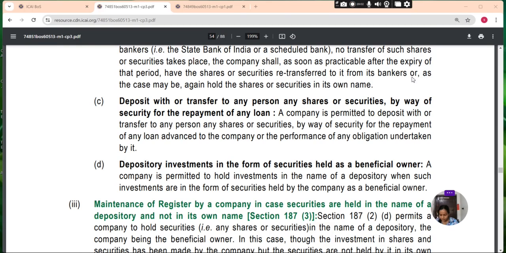A company is permitted to deposit with or transfer to any person any shares or security by way of security for the repayment of any loan advanced to the company or the performance of any obligation undertaken by it.